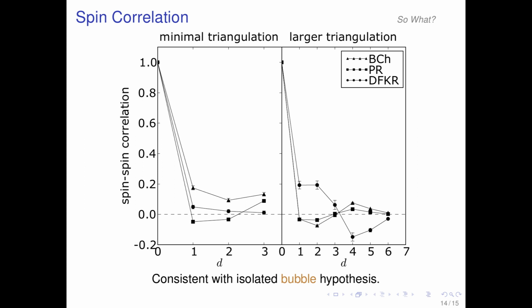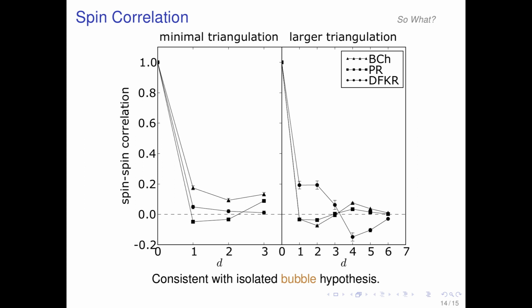So I'm showing the spin correlation function for two different lattices. This is the minimal triangulation of the four-sphere that I think Dan has mentioned in his talk. But we've also done calculations on larger triangulations. And this observable is much more interesting on larger ones, because you can take a look at its behavior for larger distances.